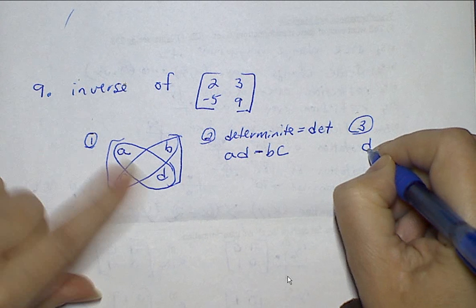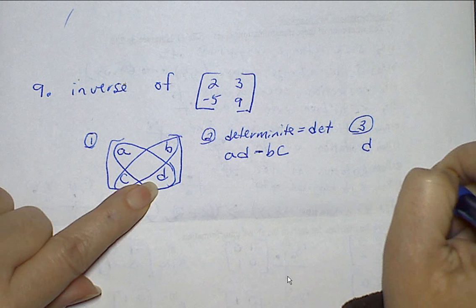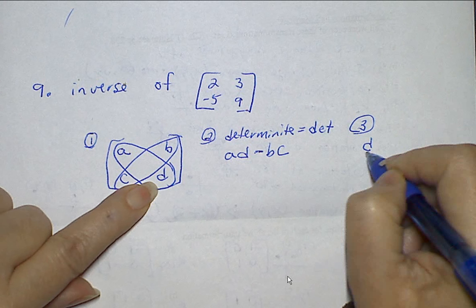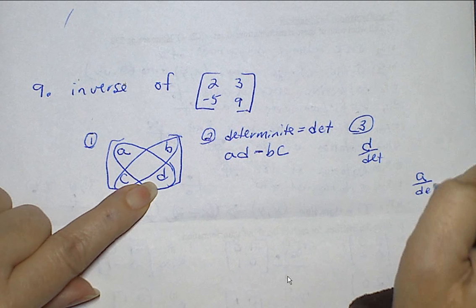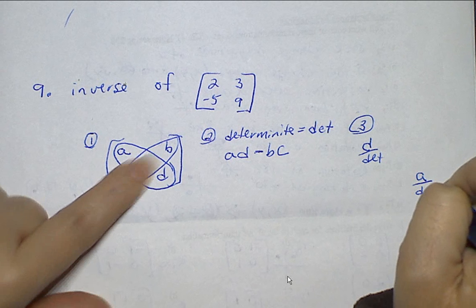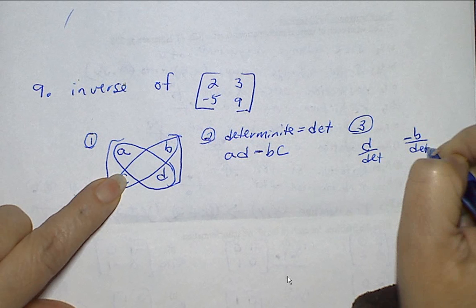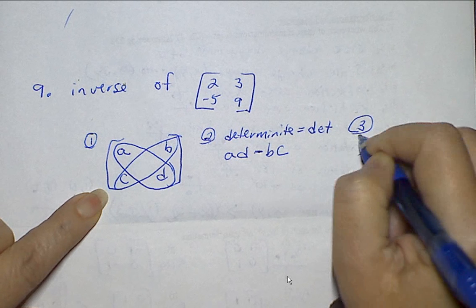So D is up here, and A is going to be down here. And then, remember, each one's going to be over the determinant. And then these two, they just go negative. So it's negative B over the determinant, and then negative C over the determinant. And then you'd have to put your brackets around your matrix.